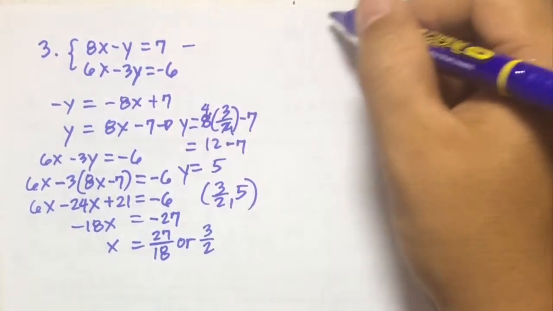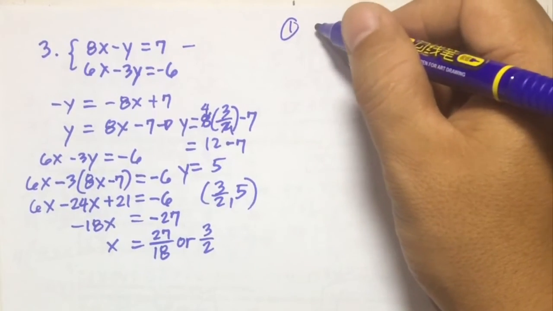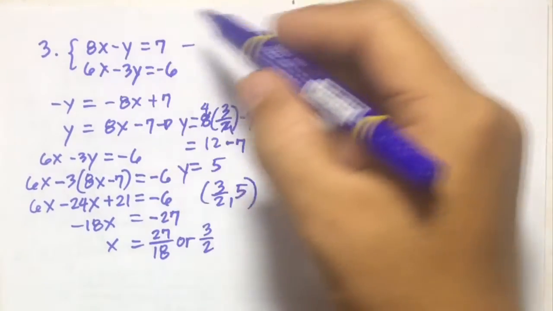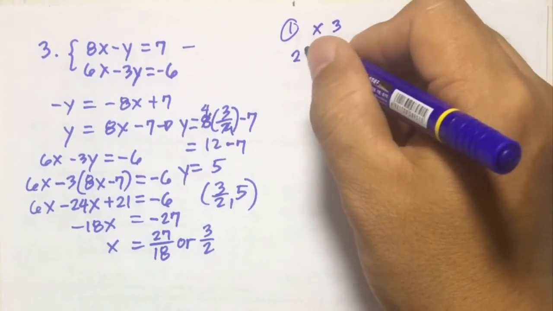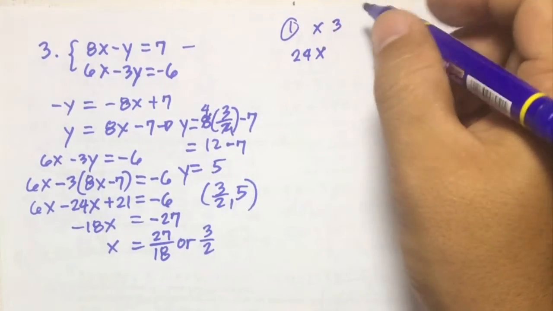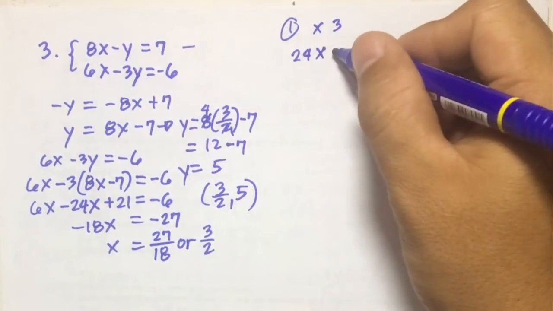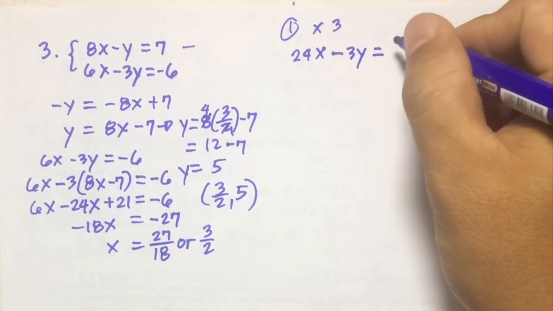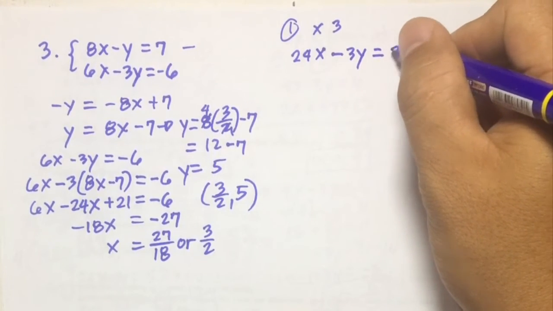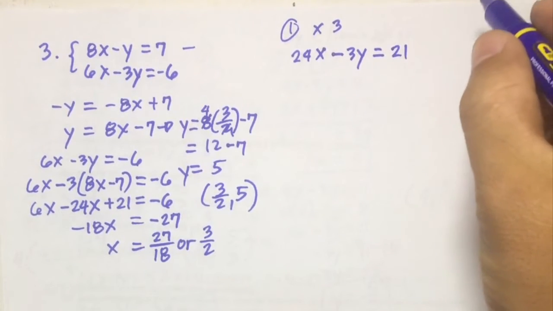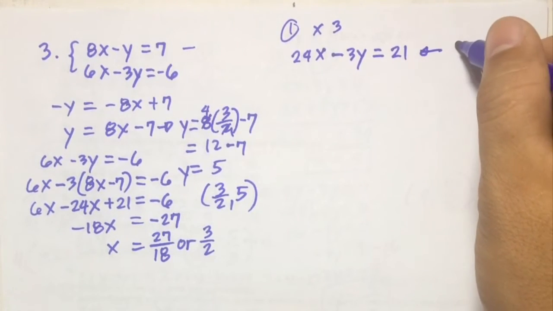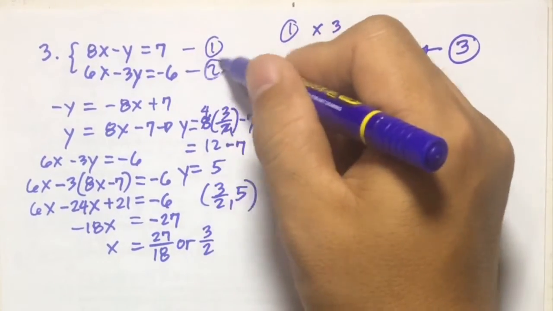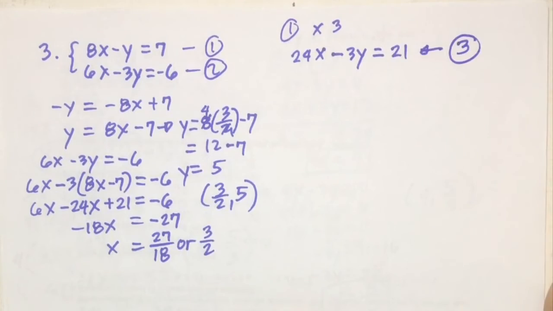So multiplying equation 1 by 3, we can have the result as 8x times 3, that will be 24x. Then negative y times 3, that will be negative 3y. And this is equal to 7 times 3, that will be 21. So we can have this one as equation number 3. This is equation 1, this is equation 2, and the result here will be equation 3.